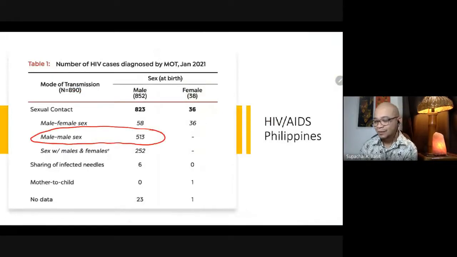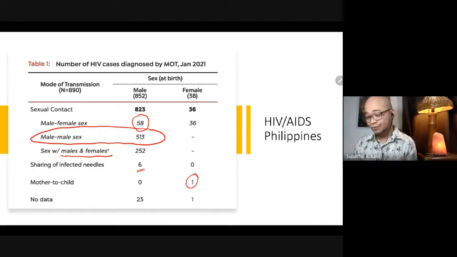The majority of cases is attributed to male sex, and then sex with both males and females, bisexual, followed by heterosexual intercourse. There are also cases of sharing of infected needles, and there's one case of mother to child just in January 2021 alone.